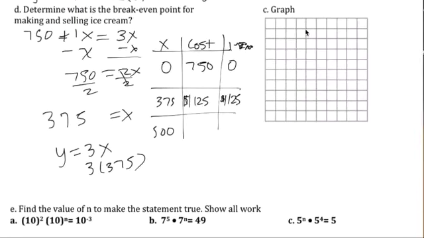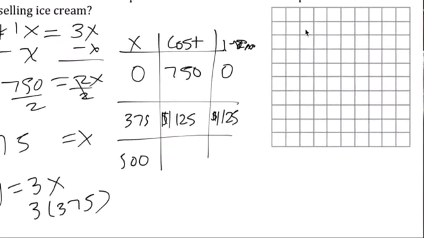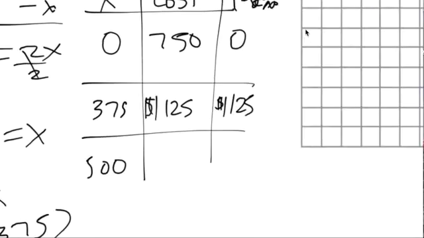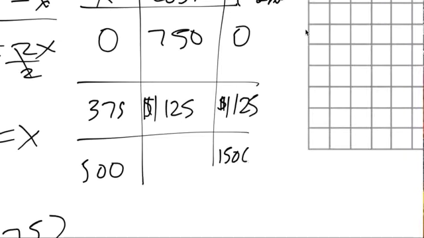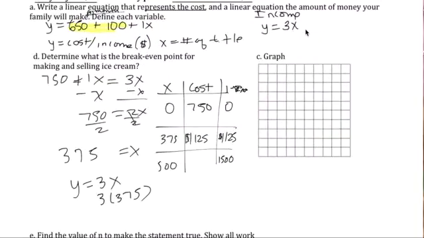And then for 500, so the income, 3 times 500 is 1,500. But the cost is 1 times 500 is 500.